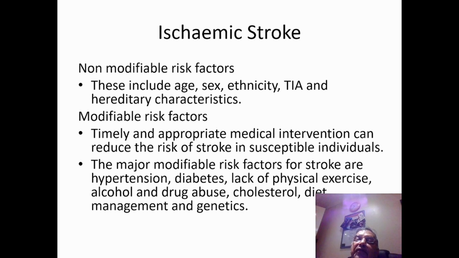The risk factors can be divided into modifiable and non-modifiable risk factors. Non-modifiable risk factors include age, sex, ethnicity, previous TIA, and some hereditary characteristics, whereas modifiable risk factors are basically hypertension, diabetes, lack of exercise, alcohol, drug use, dyslipidemia, etc.